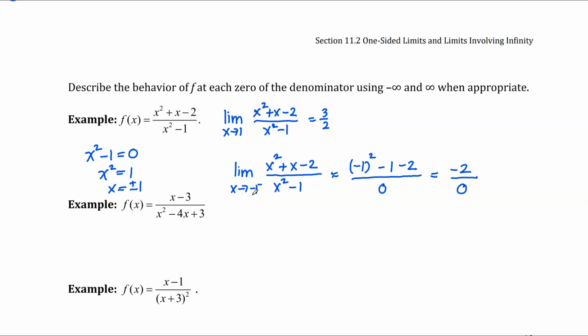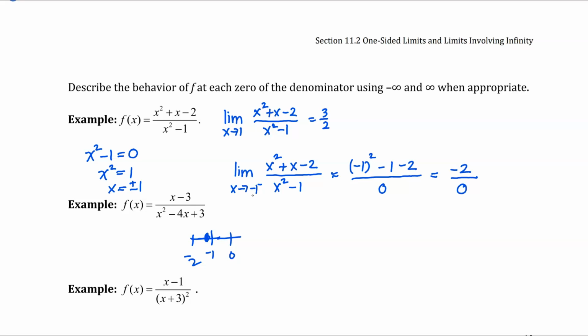As x goes to -1 from the left, the values are coming from the left of -1. Don't pick -2, because that is considered far from -1. You get a value very close to -1 from its left side.